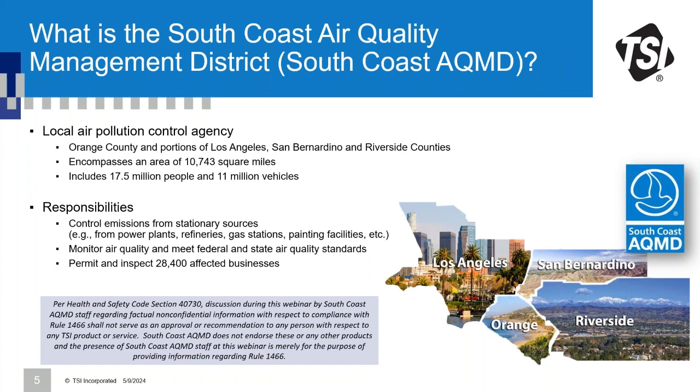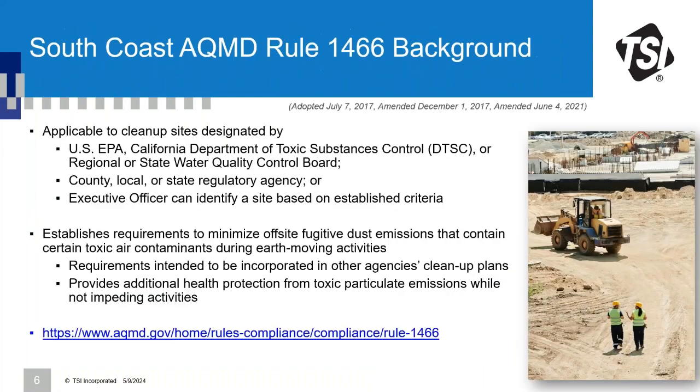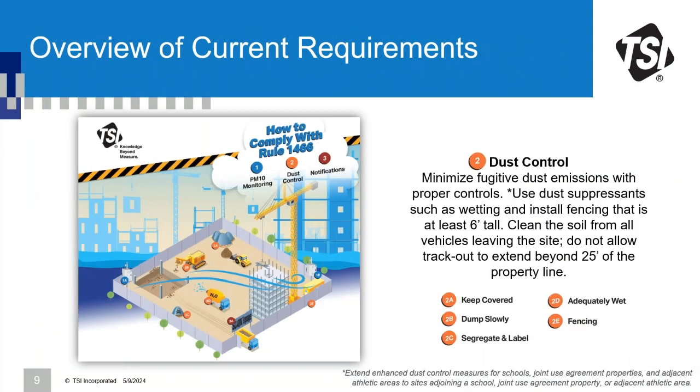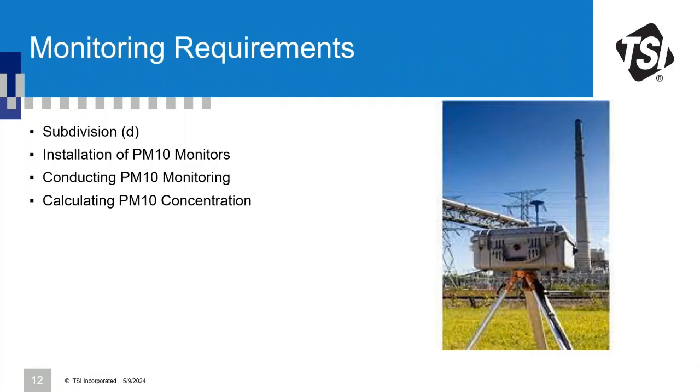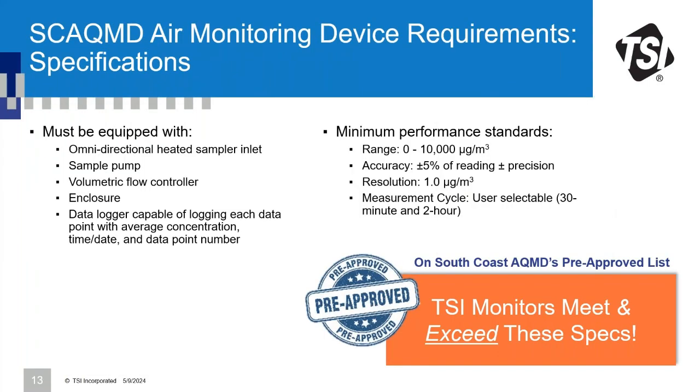And we have another question. Is the 25 micrograms per cubic meter standard applied after the background dust concentration is subtracted? Yeah, so the 25 is basically the differential between the upwind and downwind monitor.